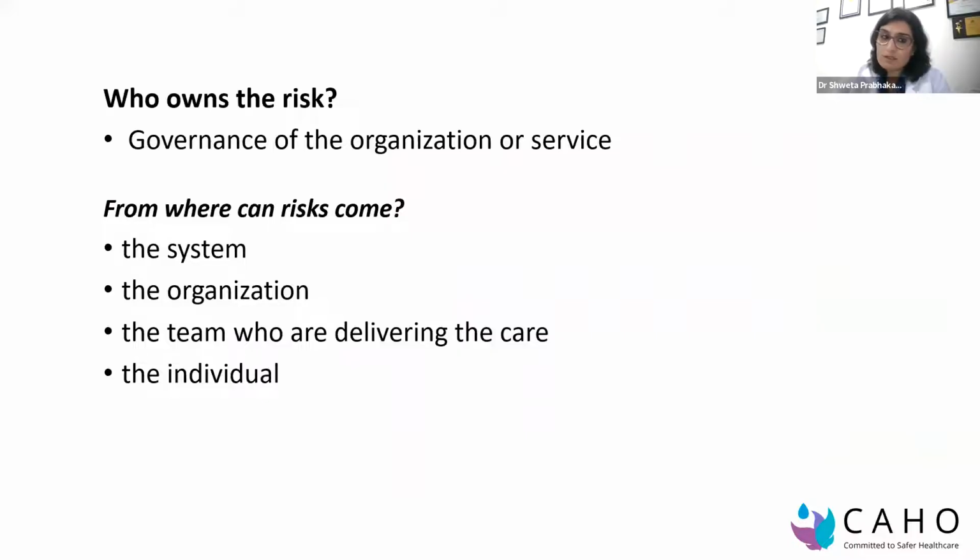And definitely the risk can come from various sections of the organization, either from the system, or the team who is delivering it, or the organization. Here we are talking about the equipment. Equipment itself can pose a risk, so we need to have all those certifications to ensure that that particular equipment or device is safe.